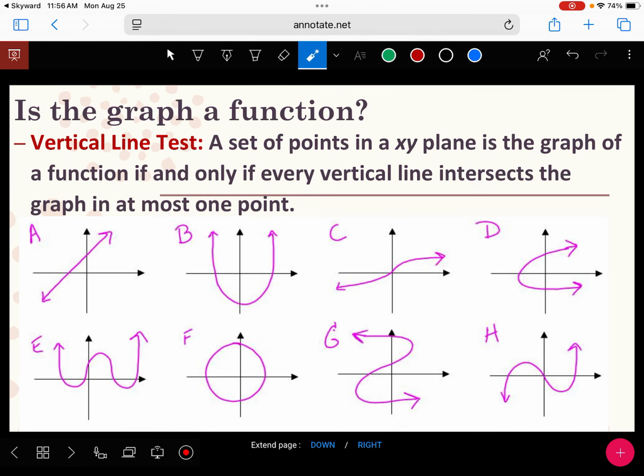So go ahead and copy down that first clip art. If you need to write down this definition, you can, but it's the definition for a vertical line test. So you should have one of these as one of your images. Go ahead and glue that down.